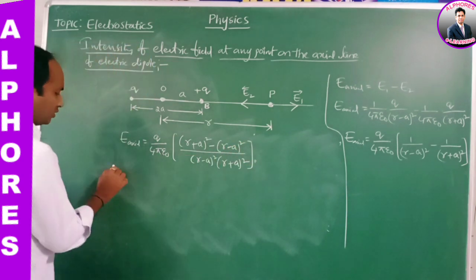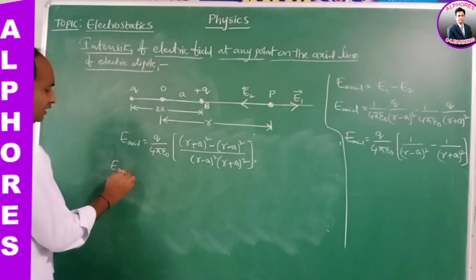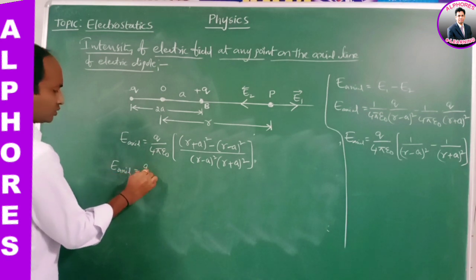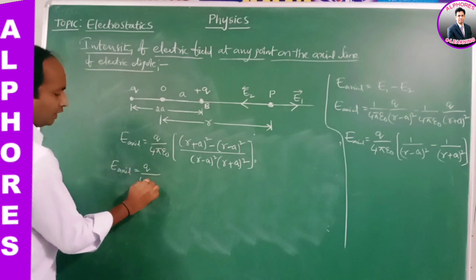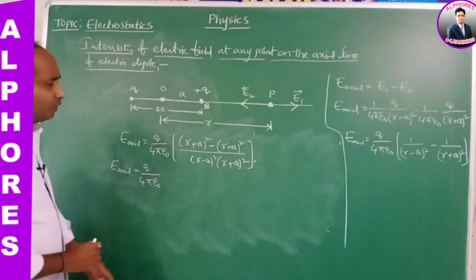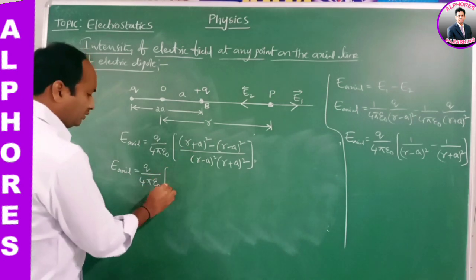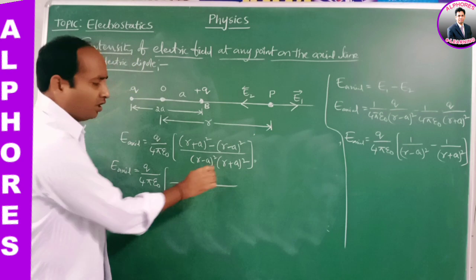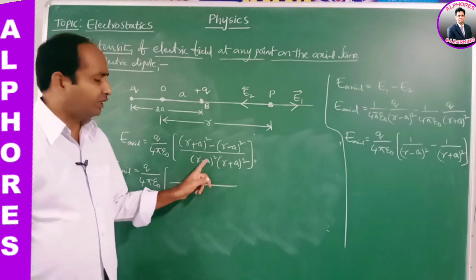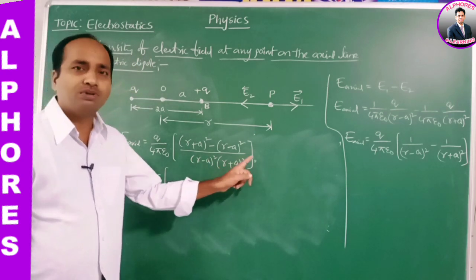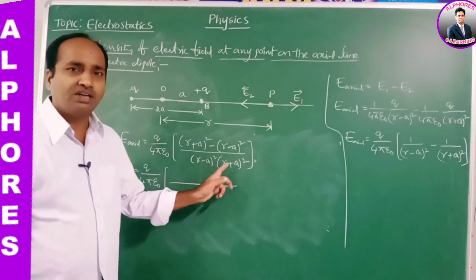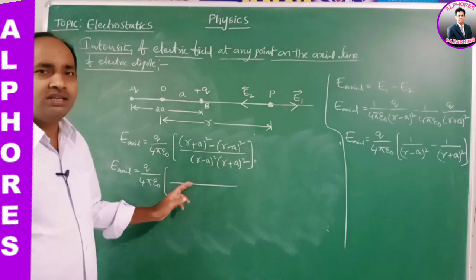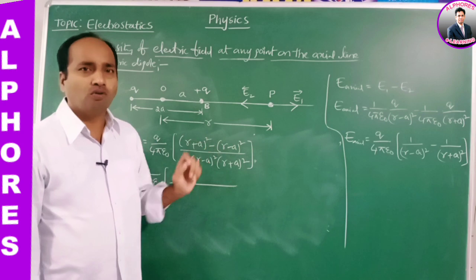So the intensity of electric field on the axial line is q by 4 pi epsilon naught. In the denominator, (a minus b) square into (a plus b) square can be written as (a square minus b square) whole square.